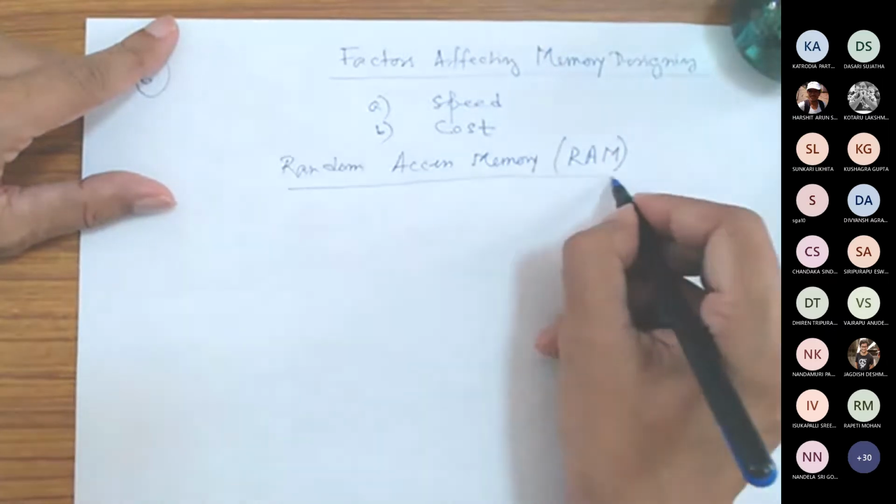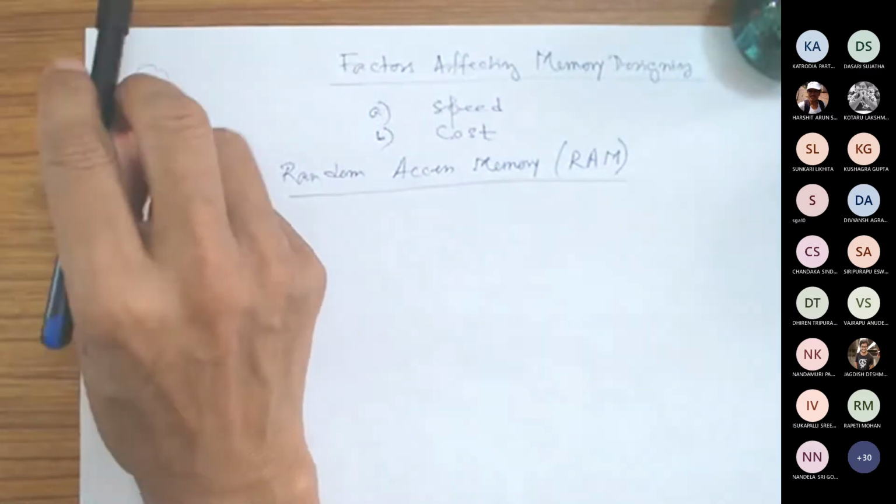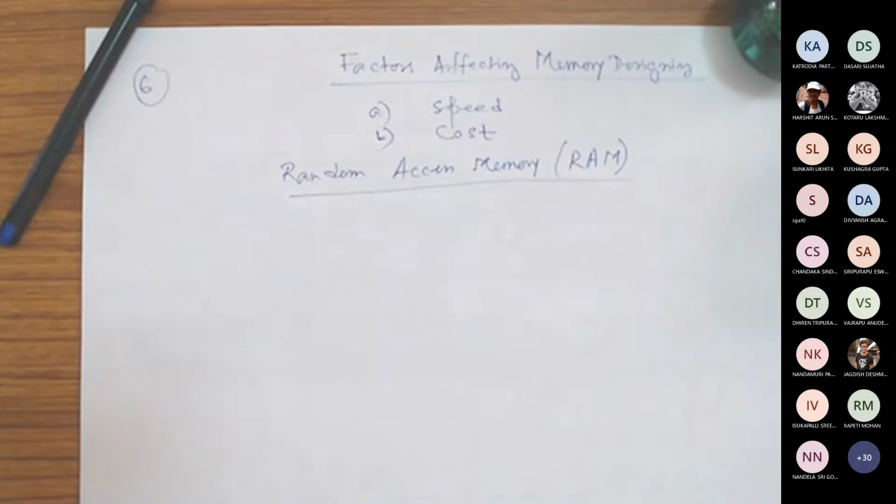Can someone tell me why we call it random access memory? Any address we can access randomly.